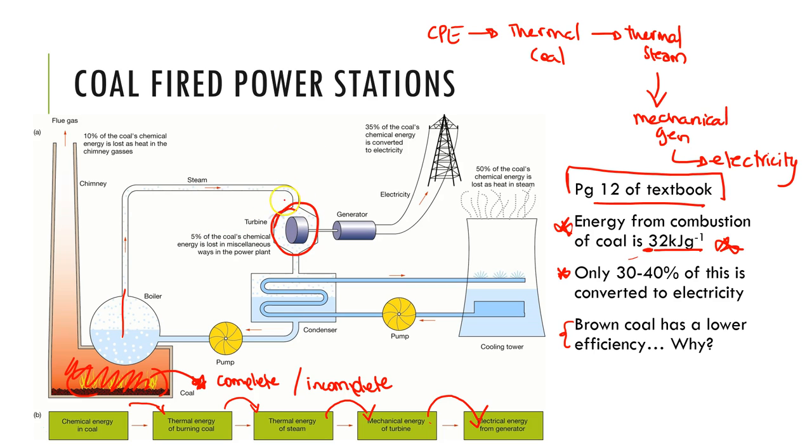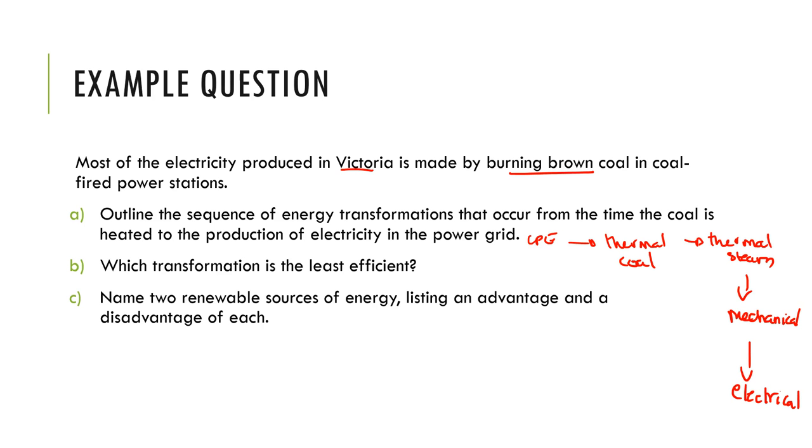This one here, where we are taking steam in order to move, I mean, these turbines are massive, so we need to generate enough pressure through steam to turn this one here. That is going to be our least efficient. Okay, so this would be thermal to mechanical, our least efficient step here.